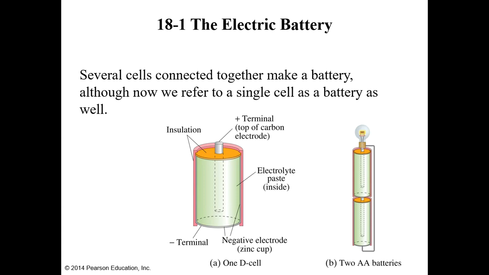Now, we showed you a single cell. We can do a multi-cell. In other words, we can connect several single cells together. A very common example of this is a flashlight or a remote control for a TV or something.